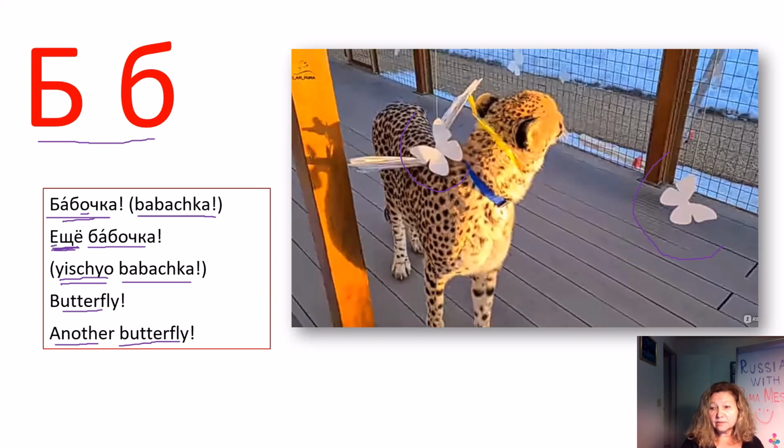Then our sh, yo, еще. Еще бабочка. This is our letter B, and I didn't put it in red. Бабочка.